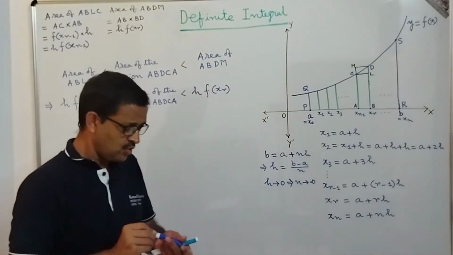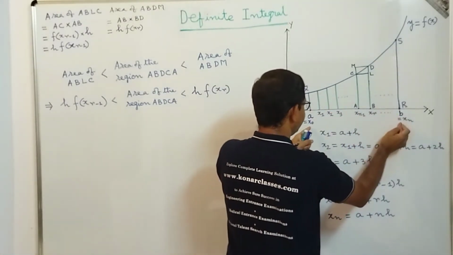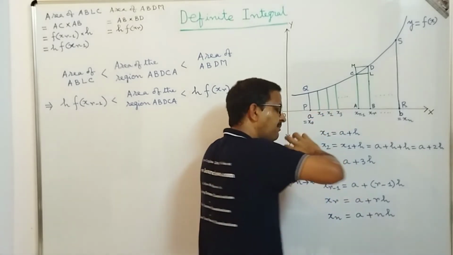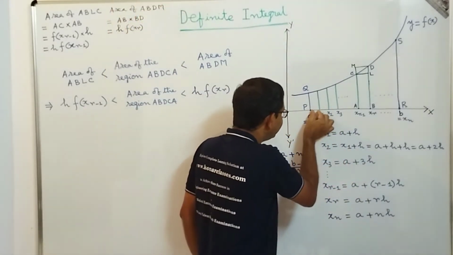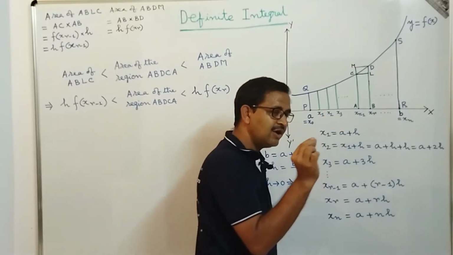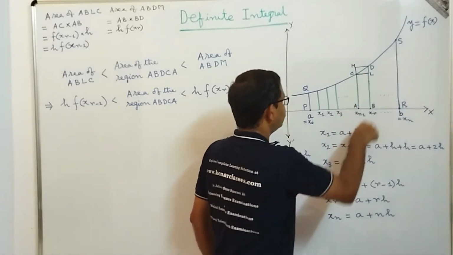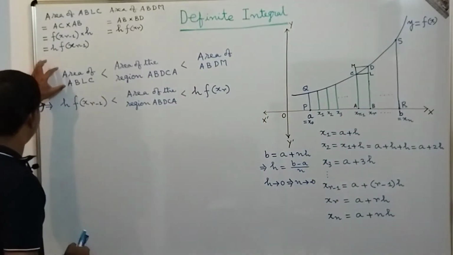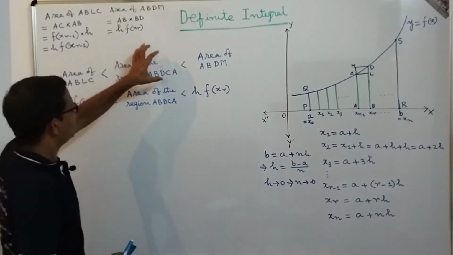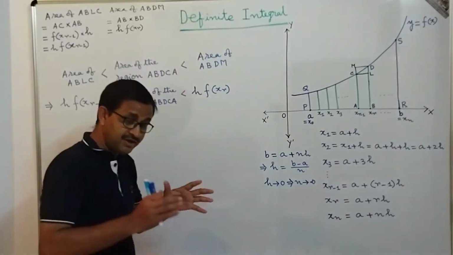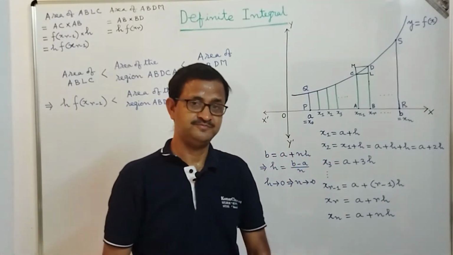That means we have made n equal intervals, and the number of intervals is infinite. Correct? And so that interval length is now converging to 0. Then all these three areas, area of the rectangle ABLC, area of the region ABDCA and area of the rectangle ABDM, all are converging to a single value.